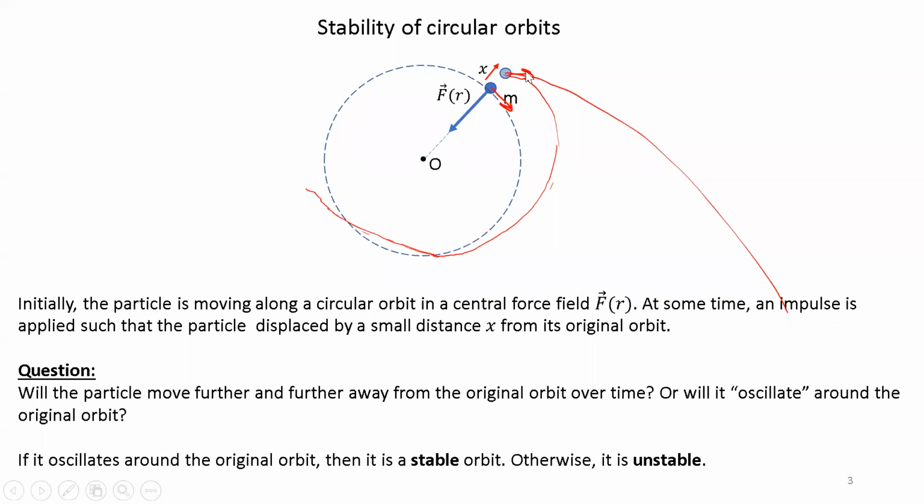The new orbit must be an ellipse. It cannot suddenly go to a parabola or hyperbola, because that would require a much larger energy. So even if I don't tell you anything else, you know that this circular orbit should be stable.